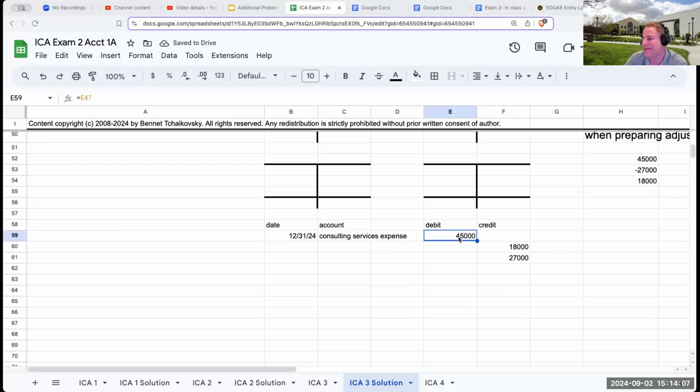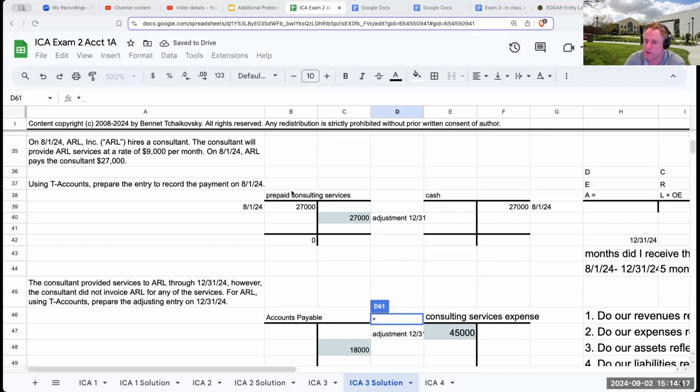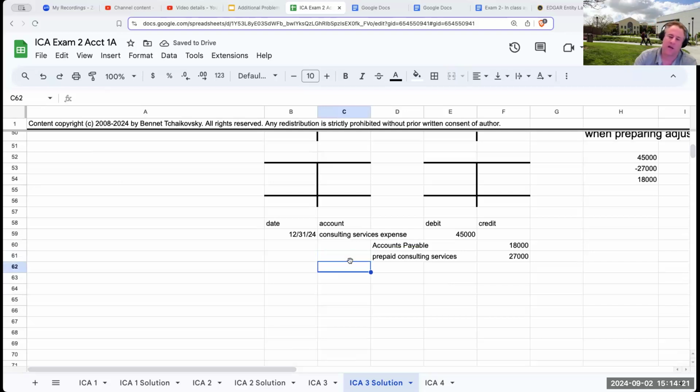Notice the indentation between the debits and the credits on the number side. Accordingly, I also have to indent the descriptions. This is something I'm extremely particular about for my classes. And then I would need a description to record: to adjust consulting services expense.